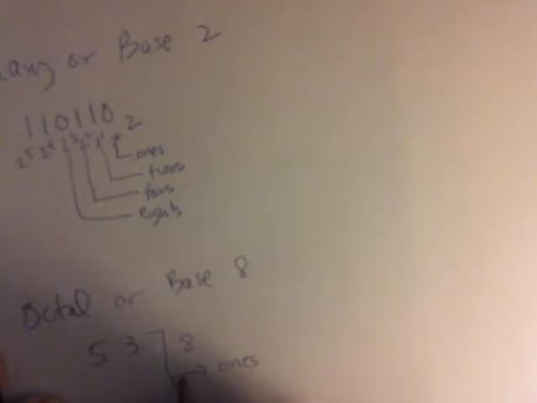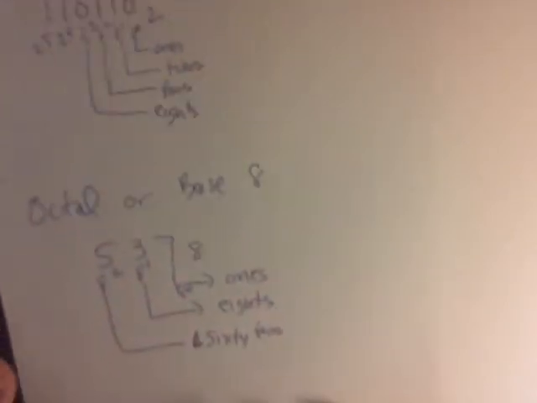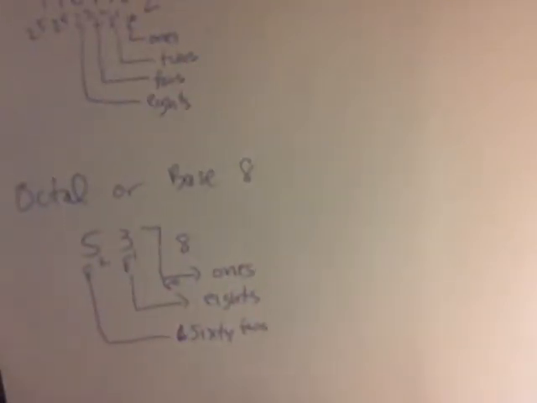Sorry about that, I forgot to write my 8 to the 0. This is 8 to the first, or the eighths place. And this right here is 8 squared, or the 64s place. And we can keep going. 8 cubed, 8 to the fourth, so on and so forth.